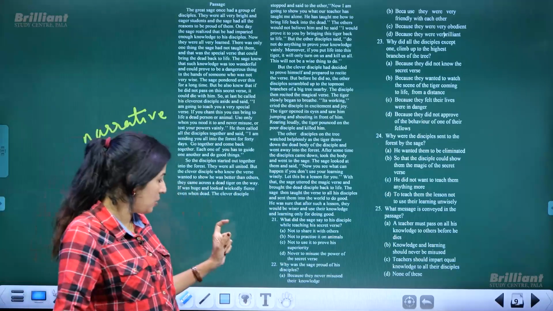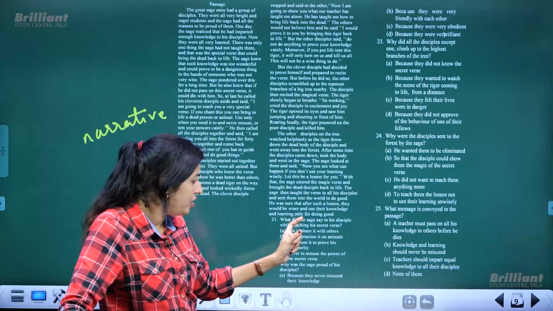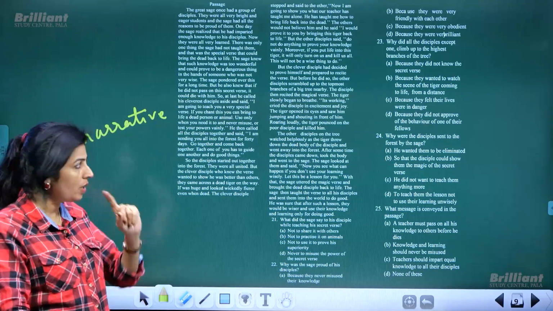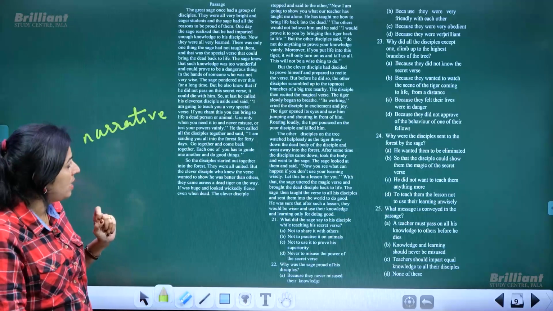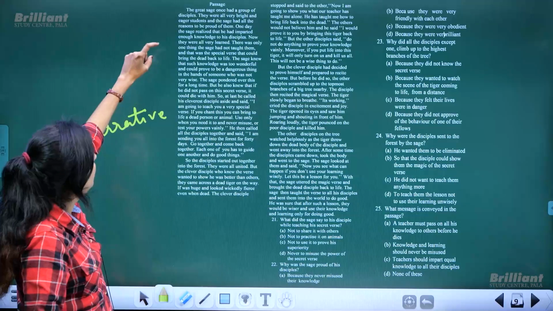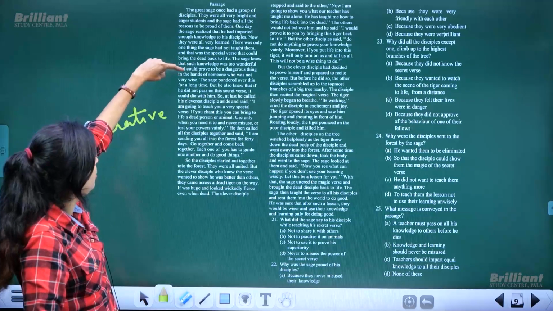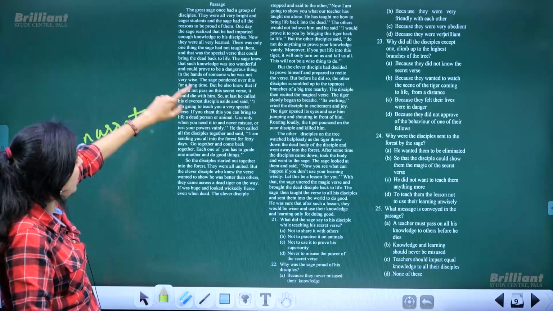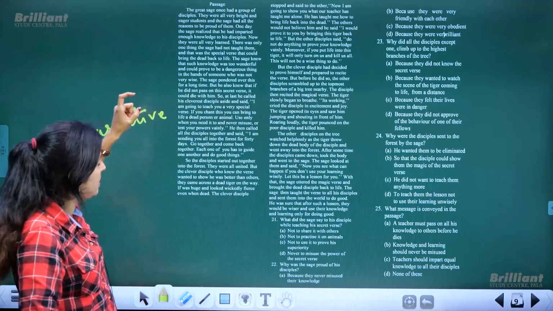The first question is, what did the sage say to his disciple while teaching his secret verse? One of the disciples was given that art. The sage knew it could die with him. So, he called his cleverest disciple aside.